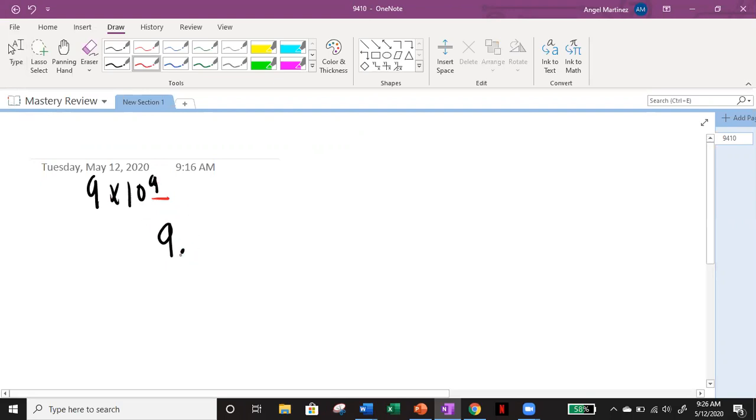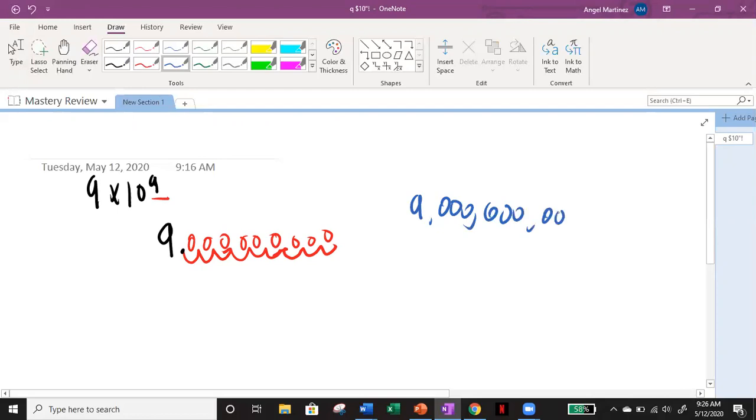We have to move 9 times to the right: 1, 2, 3, 4, 5, 6, 7, 8, 9, and you add in the zeros. So your answer would just be 9 billion. That's supposed to be a 0, sorry.